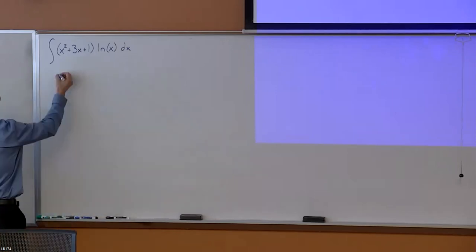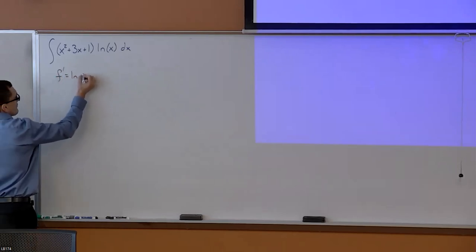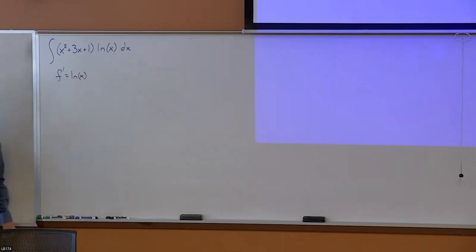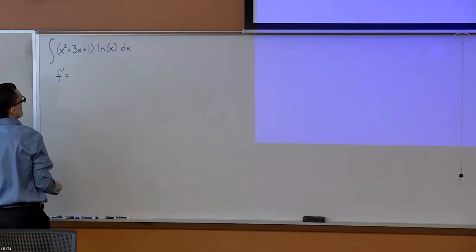If I tried to let my f prime be natural log of x, that means I have to integrate natural log of x. And most of us probably don't know that offhand. And if you do know that, it's actually more complicated than this. So it doesn't do you any good. We'll talk about what it becomes when you integrate that in a little bit.